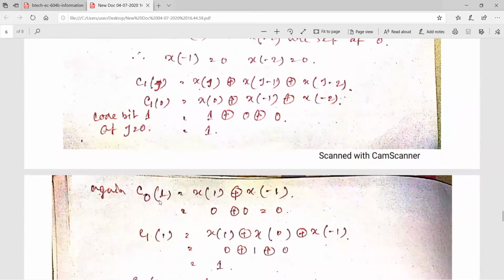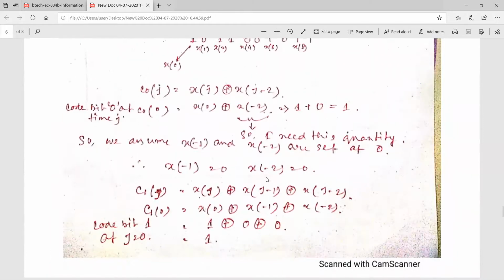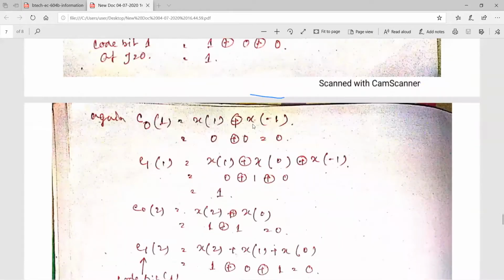So C01, that means j equals 1, so x1 XOR xj minus 2, here it is j minus 2, so j equals 1, so 1 minus 2 means minus 1.